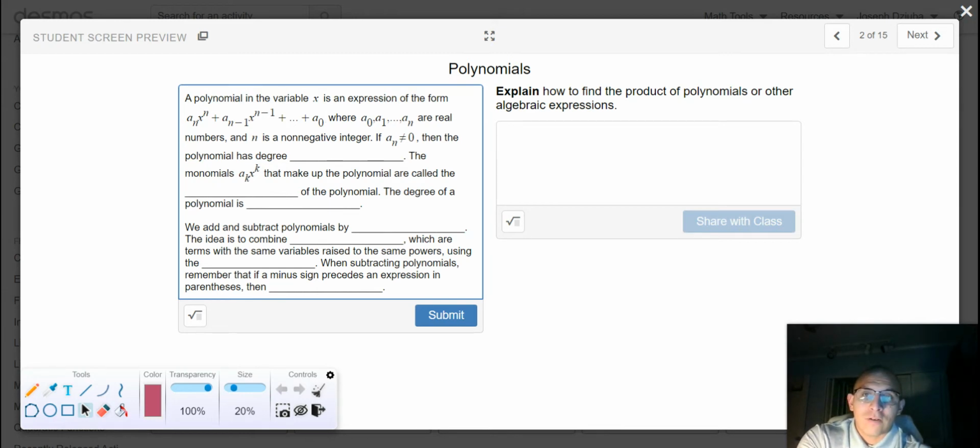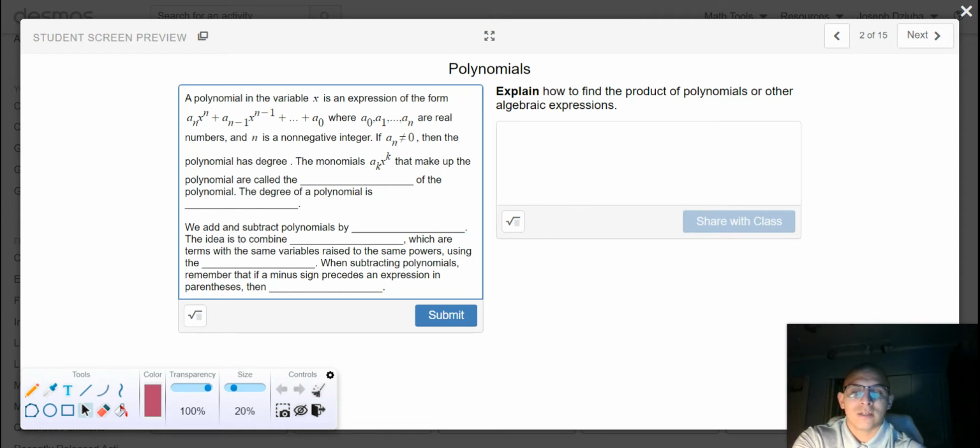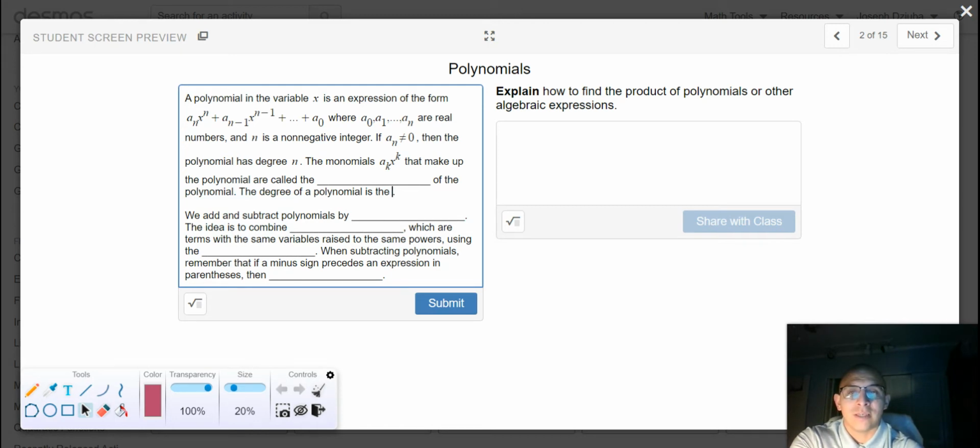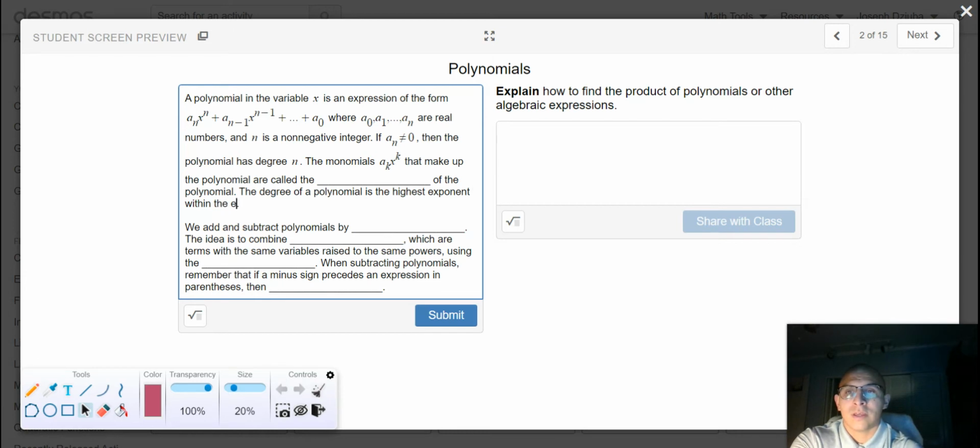If the first term, a sub n, does not equal 0, because if it does equal 0, then 0 times that variable will just be 0, so it wouldn't necessarily exist, we would define the polynomial to have degree n. The degree of a polynomial is the highest exponent within the expression.